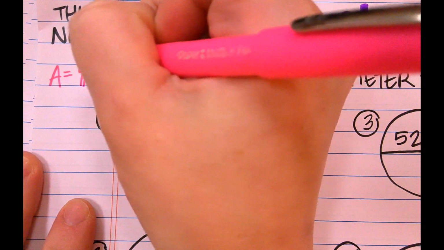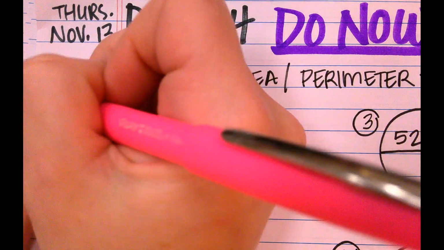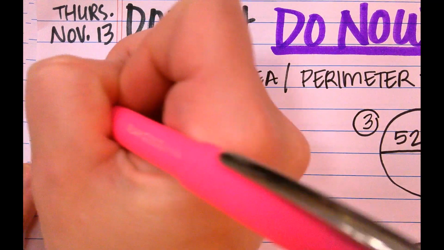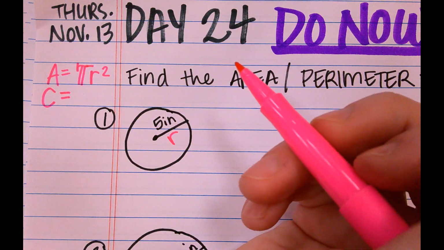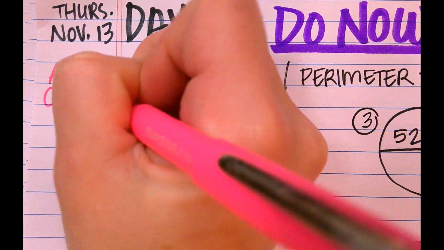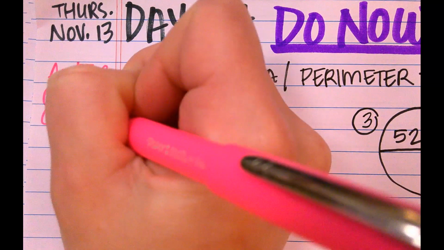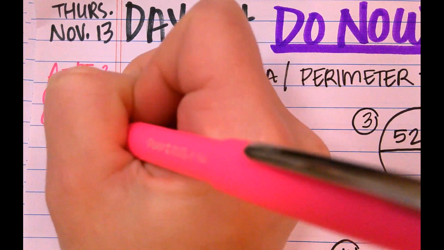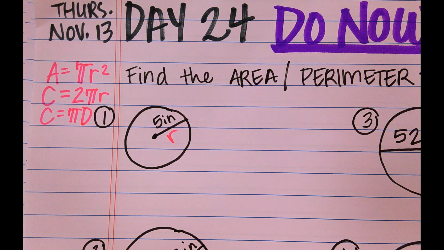And then my circumference formulas. There are 2 of these. One is 2 times pi times radius, so 2 pi radius. What's the other? Pi times diameter. Perfect. So those are our formulas.